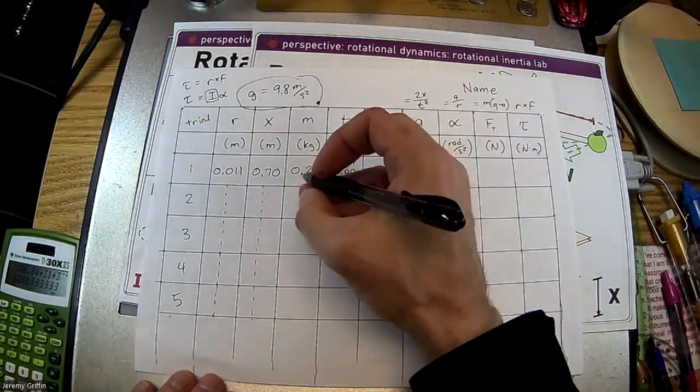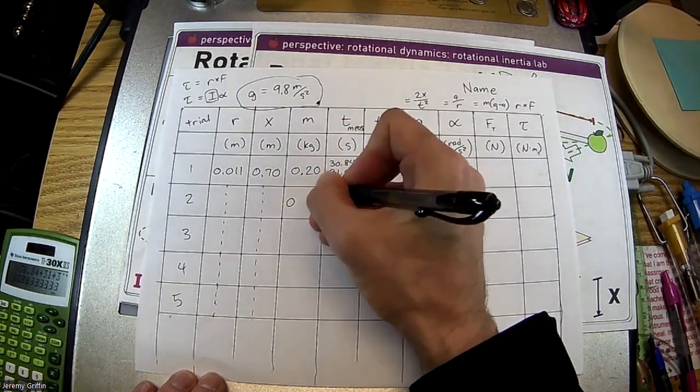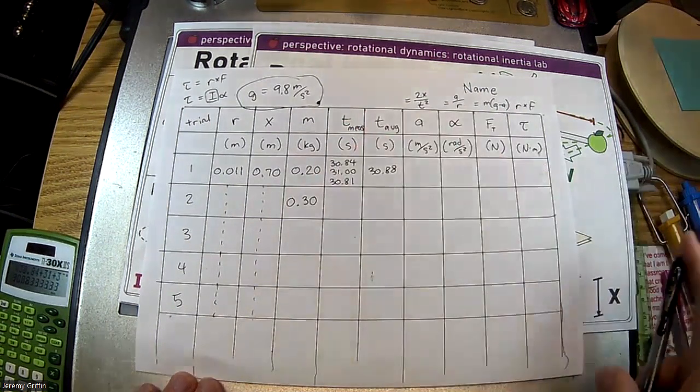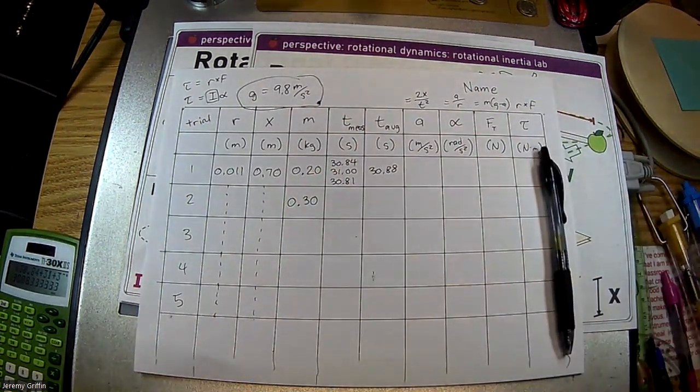So now I'm going to add a bit of mass to this. Let's add on 100 grams, so that's 0.30 kilograms. Okay. And we'll rerun. Oh, I have to rewind this. All right.